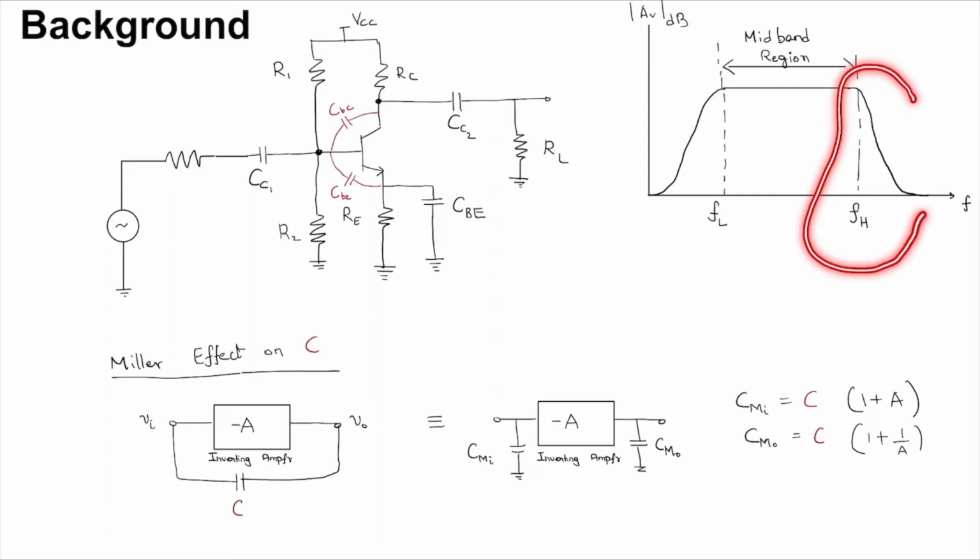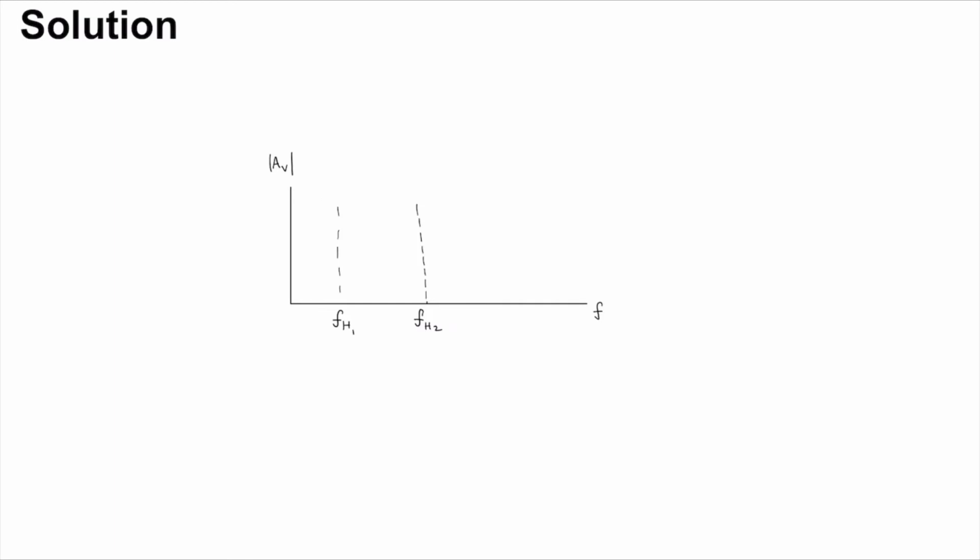Let us see what happens in this region after FH. So over here I have expanded the FH. You can imagine that this is where the midband region ends, and you get the first pole causing it to drop off at minus 20 dB per decade, and then at the second pole you have a further drop at minus 40 dB per decade, right?